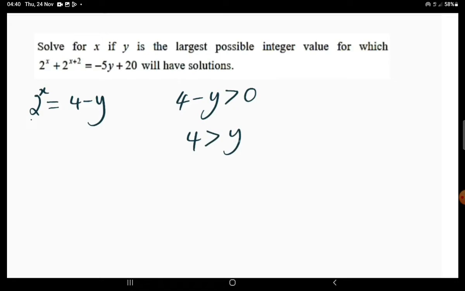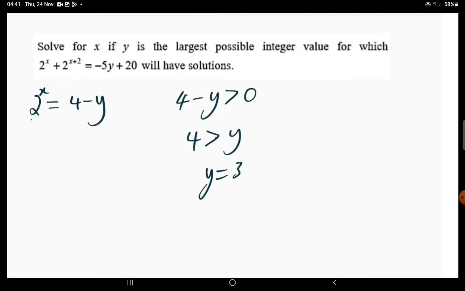That means y must be less than 4, but they say solve for x if y is the largest possible integer, and when y is less than 4, then the largest integer that is less than 4 is of course 3. So y is now equal to 3.